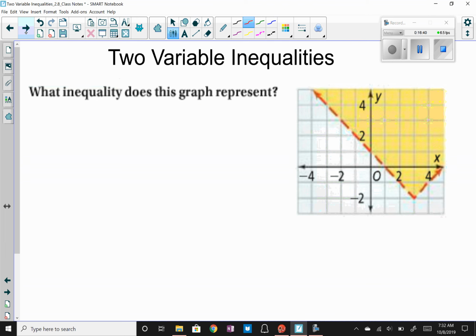Again, here they give us the graph and they want the inequality. So what we want to figure out first of all is where the vertex is. Let me take a look at the vertex here on the graph, and we're at 3, negative 2.